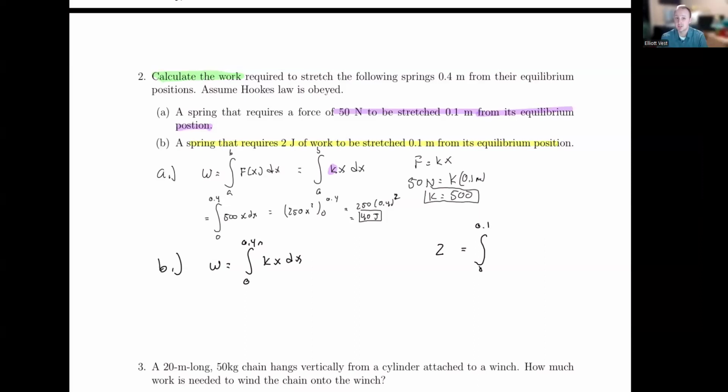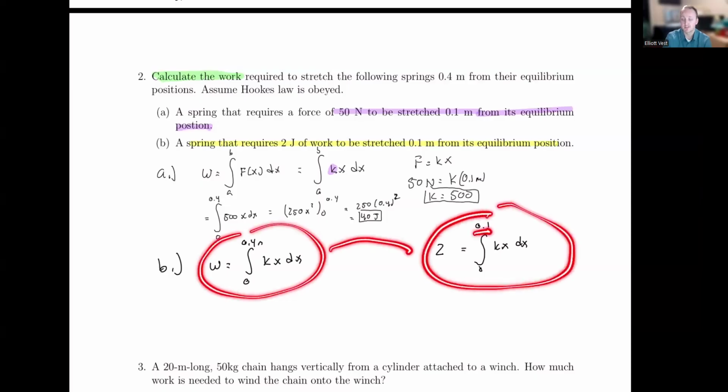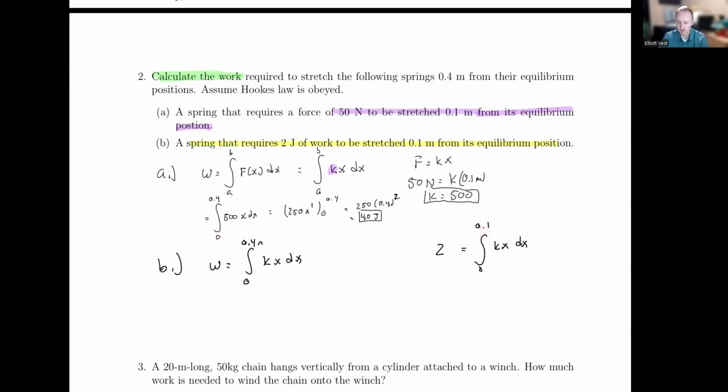A and B are different springs, right? And now this is really doing the same formula again, but for the specific situation of stretching 0.1 meter instead of 0.4 meters, that's going to figure out what our k is by simplifying this. So this becomes 2 is equal to kx squared over 2 from 0 to 0.1.